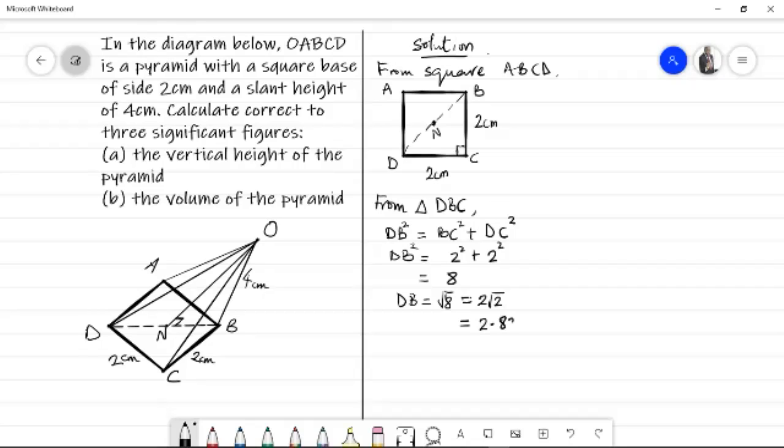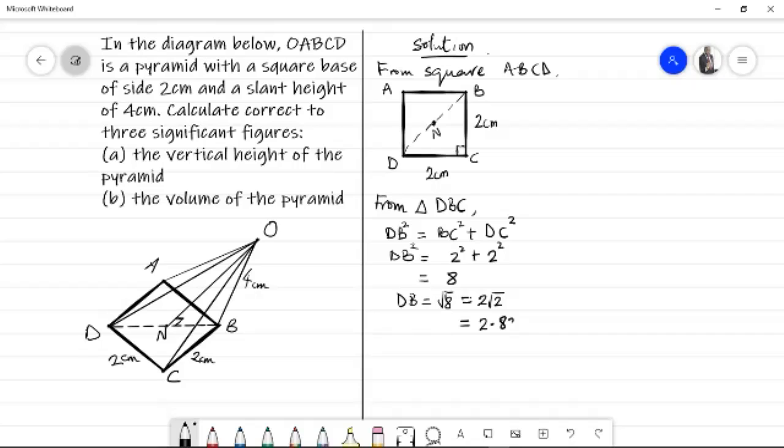Now, from that square, you will realize that DB is the diagonal. DN and NB will be equal to each other, because that point in the middle is the center, the midpoint of your DB.